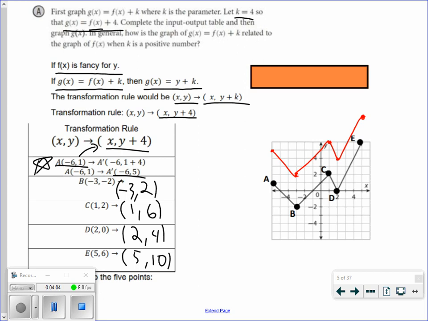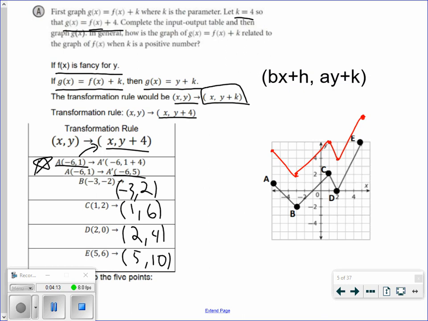And I want to go back to this transformation rule. We really only gave you part of the transformation rule right there. The full transformation rule, which we're not really going to use in today's lesson, but I want you guys to see it and get familiar with it, is bx plus h, ay plus k. So remember, b, h, a, and k, those are all our parameters that we're going to be using in this course to transform a function, f of x, to our new function, g of x.